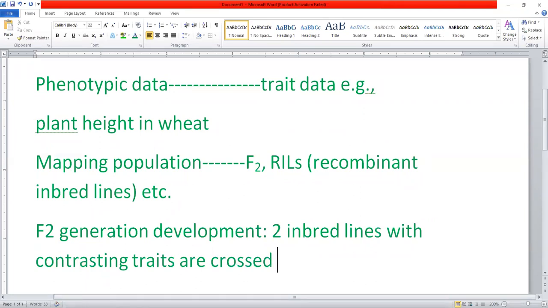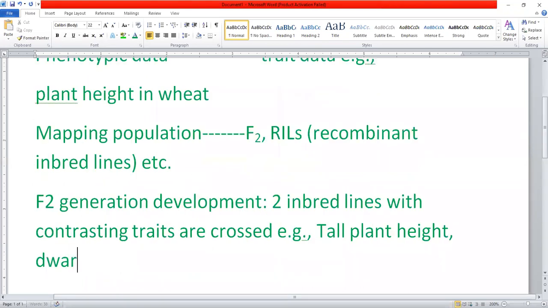In our present example, we will cross two wheat cultivars, one with tall plant height and the second one with dwarf plant height. So these are two inbred lines with contrasting traits.